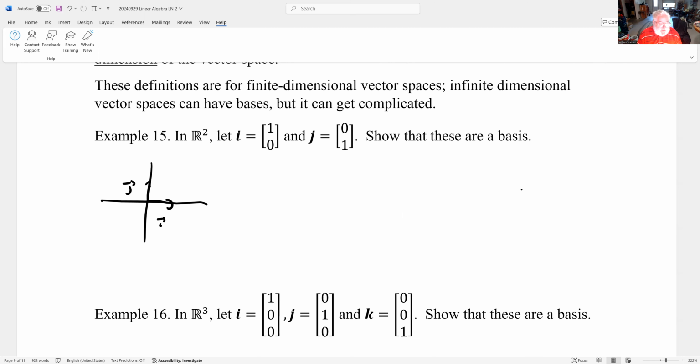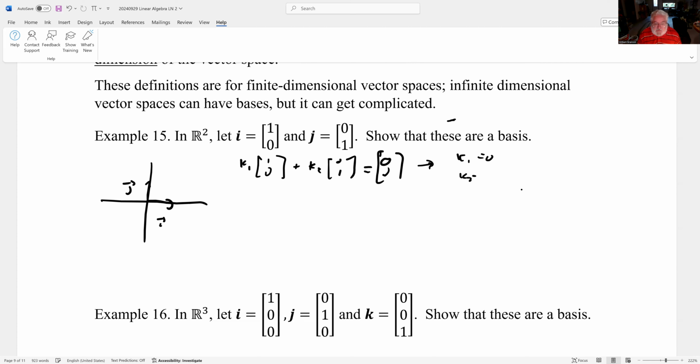These are linearly independent, because if we set that equation up, what equations does that become? k1 equals 0, k2 equals 0. Right, so those are linearly independent. Linearly independent means in 2 dimensions that they're pointing in different directions.